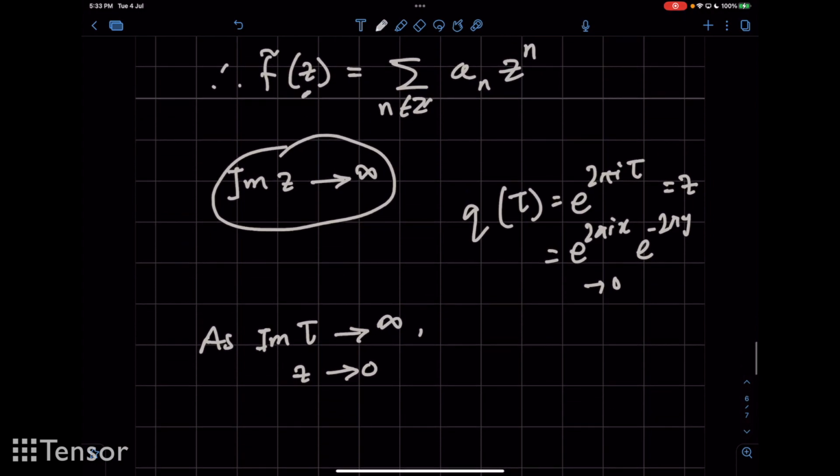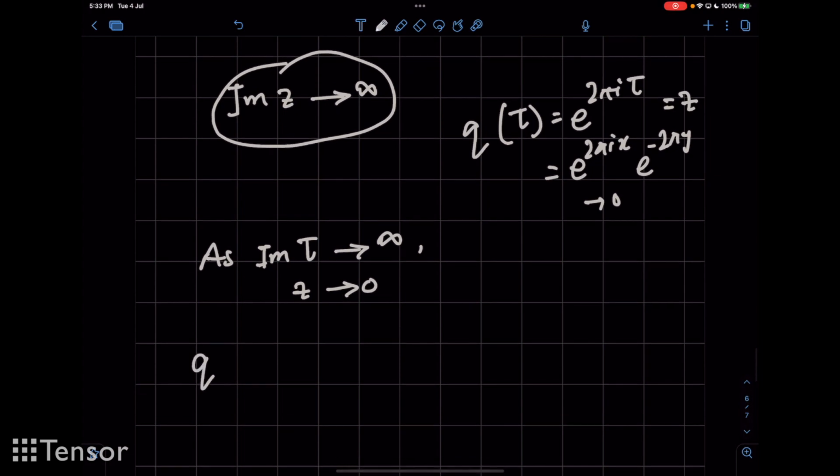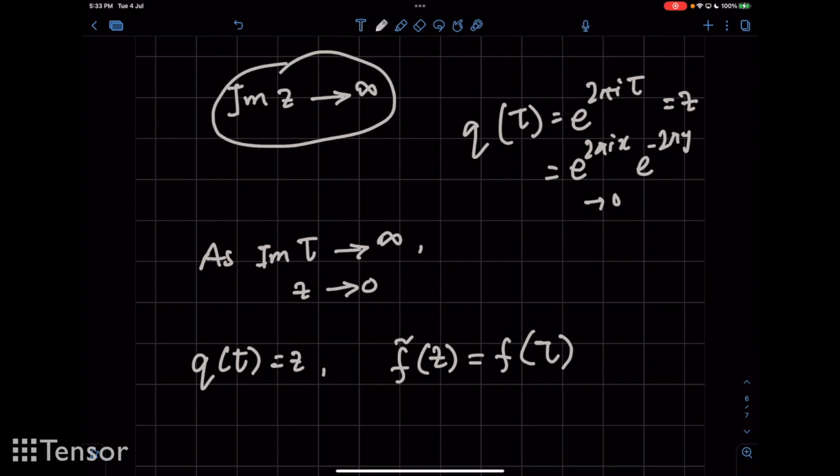And I think I need to freshen up the notation a little bit. So let me write this again. So q of tau is z, and f tilde of z is equal to f of tau, right?